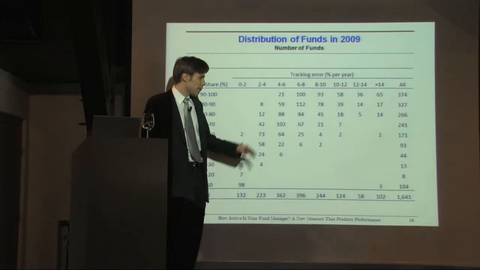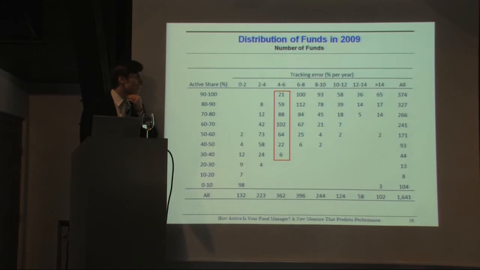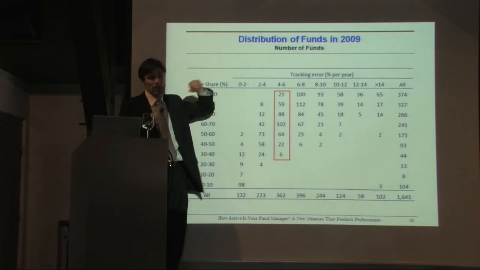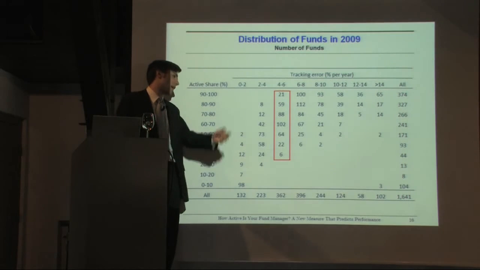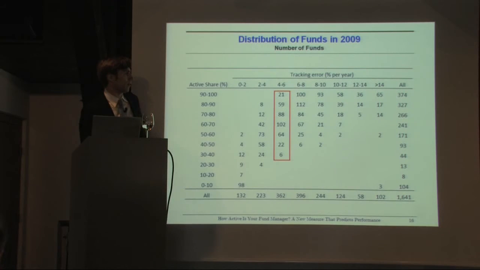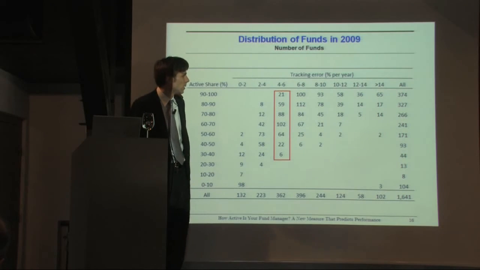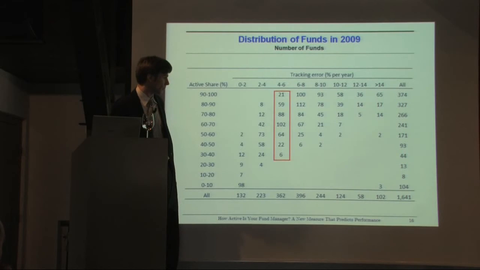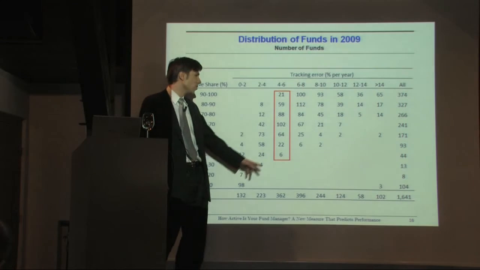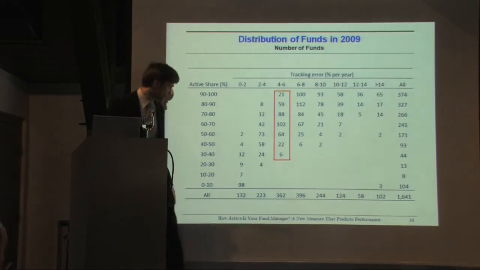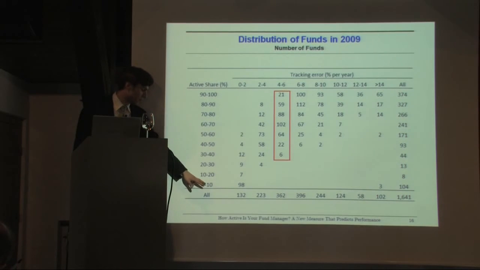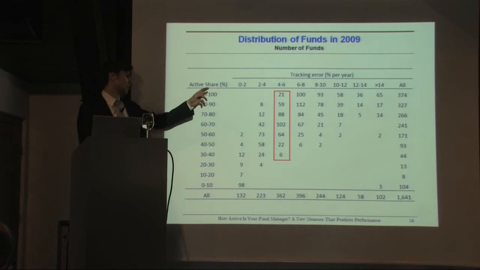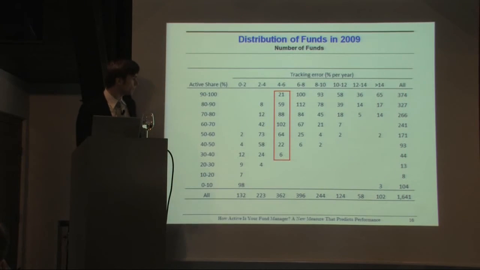All right, so let me then get to the numbers. These numbers are similar to what you had before, or what you have in the handout, but this is based on 09 numbers, so there are going to be some differences. First of all, look at the distribution of funds across these two dimensions. Here we have active share groups going from 0 to 10%, 10 to 20%, all the way to 90 to 100%.